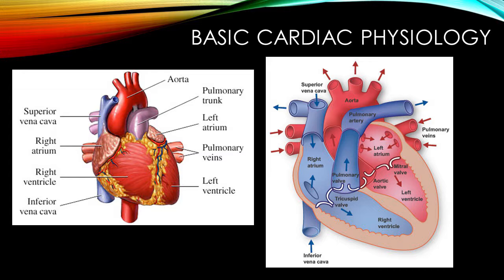And the left ventricle then is responsible for pumping blood out into the aorta, which is the main blood vessel. That blood vessel leaves the heart and supplies blood vessels again that go up to the brain and then also down to the legs. So basically we have deoxygenated blood coming into the right side of the heart, going to the lungs to pick up oxygen, and then coming back into the left side of the heart, where it's then circulated out to the rest of the body.